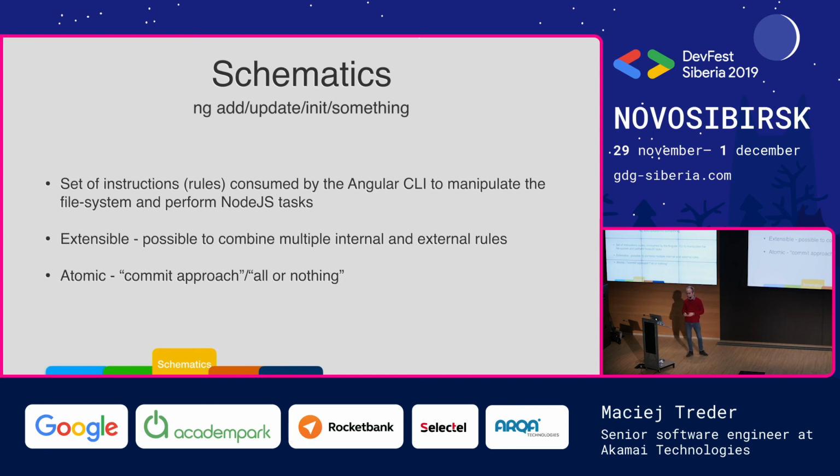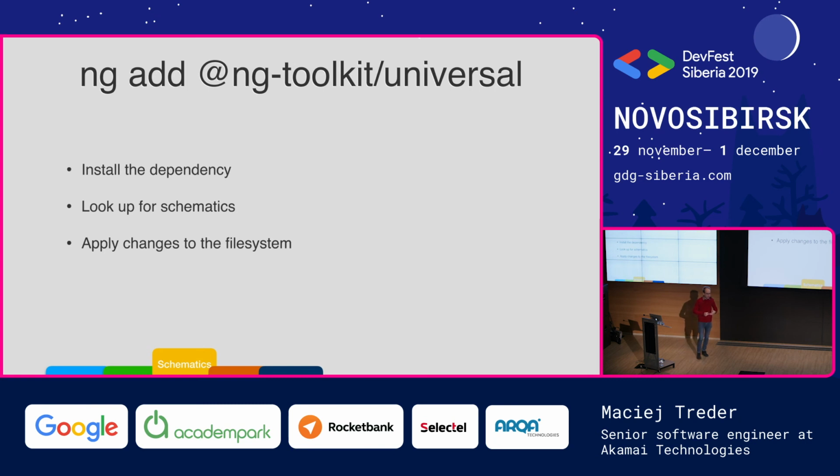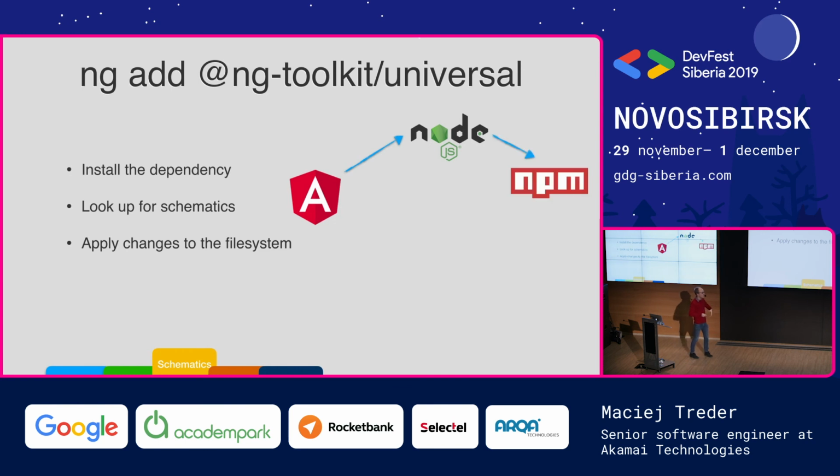And this is what you are doing every day when you are working with Angular and you are typing ng add, ng update, ng generate, or ng something. Let me put it this way: what ng add does, it calls the Angular CLI, which calls Node.js to install the dependency from npm.